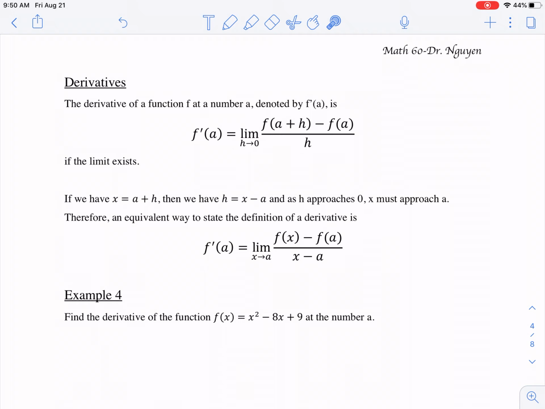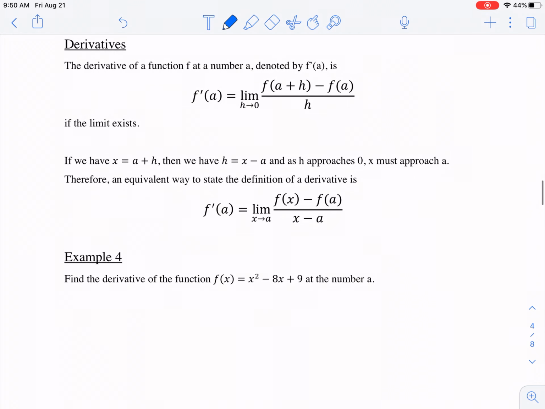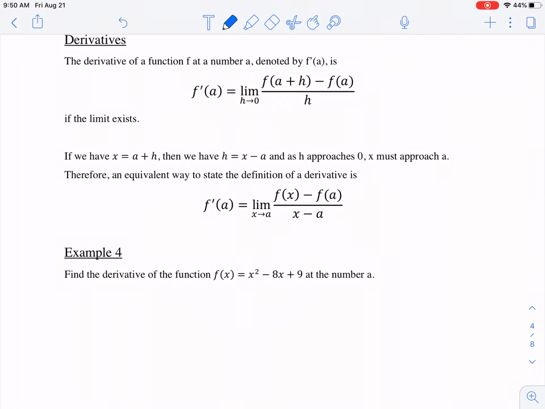So let's take a look at the example. We have f of x equals x squared minus 8x plus 9 at the number a. From the definition, I'm going to find the derivative. Because we have the number a, let's use the expression limit h goes to 0.